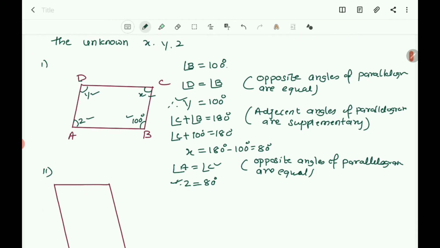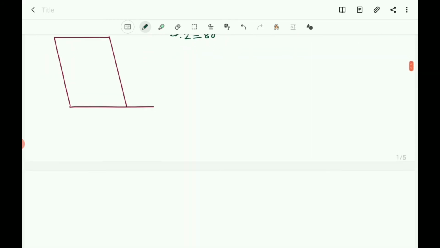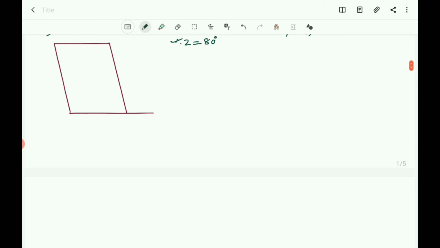The second question is, here one angle is given, that is 50 degrees, and this is taken as Y, this is taken as X, and this is taken as Z here.